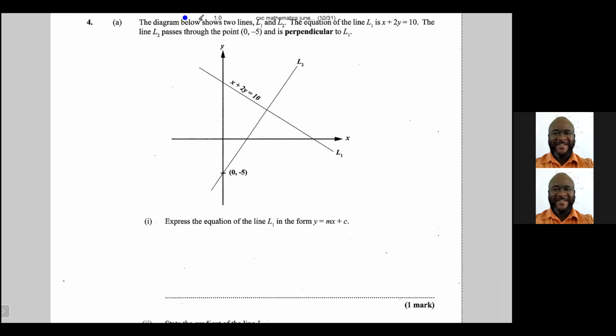So the equation of line 1 is x plus 2y is equal to 10. So we're going to have 2y equal to minus x plus 10. Then I'm going to divide the entire equation by 2.